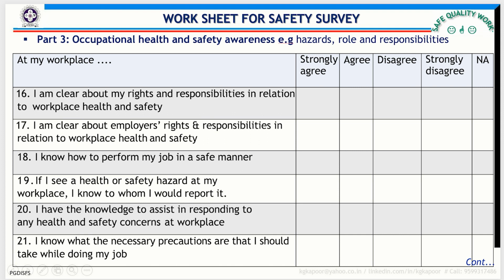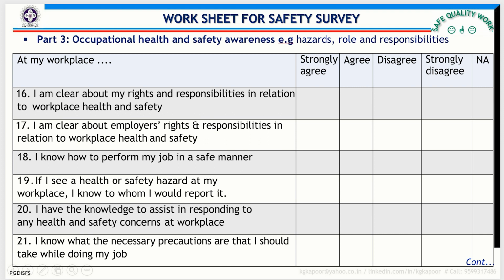Similarly, there may be another question: at my workplace I am clear about employers' rights and responsibilities in relation to workplace health and safety. Again, you will select one of the choices out of strongly agree, agree, disagree, strongly disagree or not applicable.